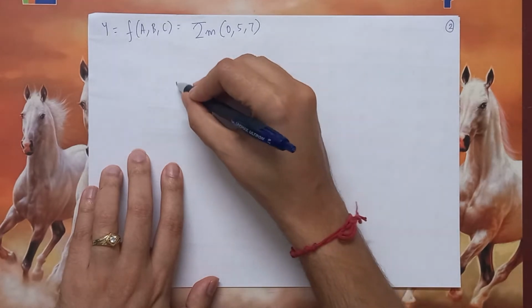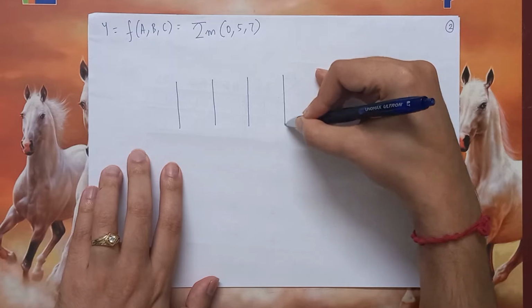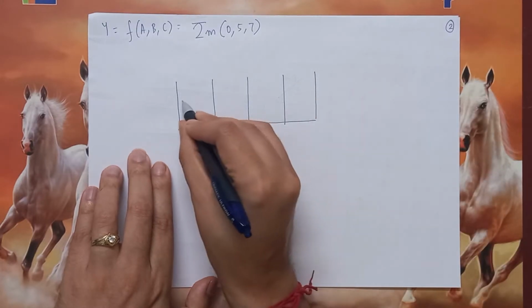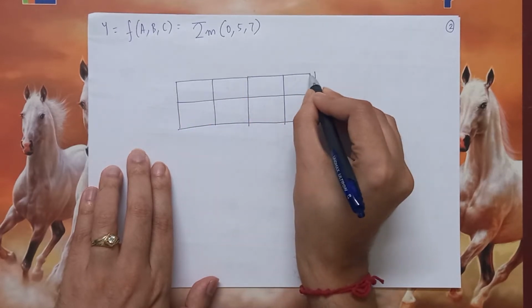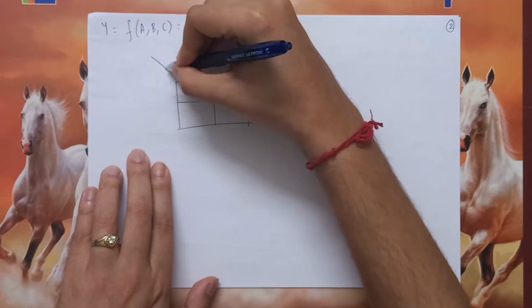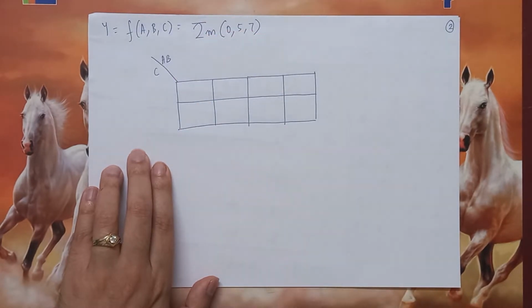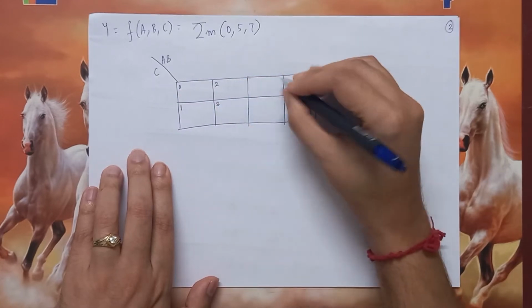So again, let us draw the K-map. Now let us number the cells just like the way we did previously.